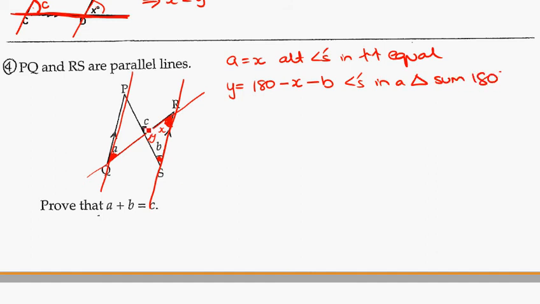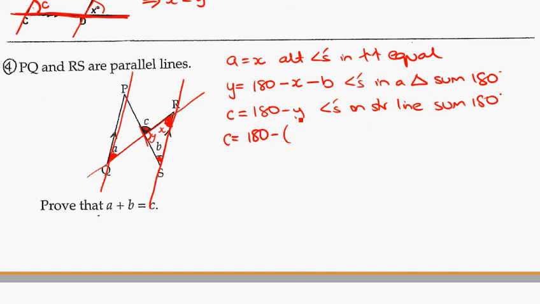And then to find c, c is going to equal 180 minus y because they're on a straight line. 180 minus y, the reason being angles on a straight line sum 180. And now we need to do some algebra on this.